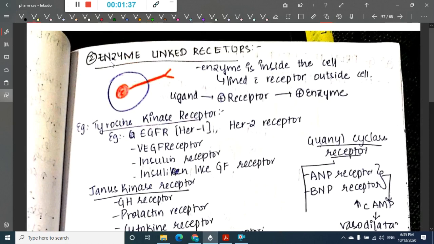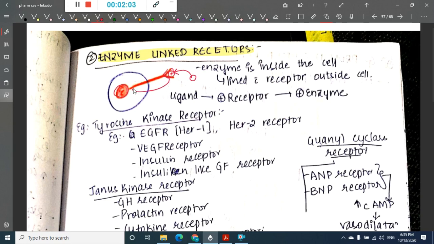Next group is enzyme linked receptors. In an enzyme linked receptor, this is the cell and this is the nucleus. This is the ligand. This is the enzyme, which is inside the cell, and this is the receptor, which is outside. Now the ligand will come and bind to this receptor.